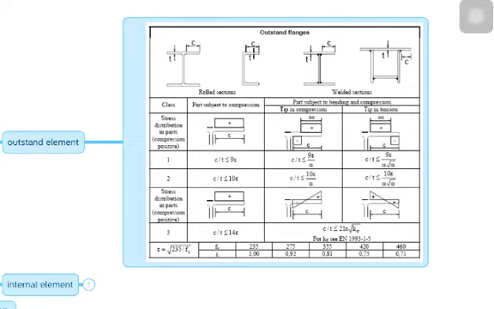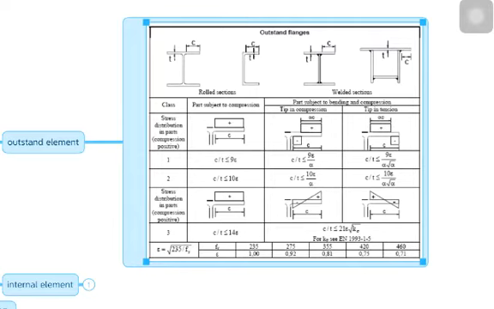You refer to table 5.2, and here the outstand element, you refer to rolled section usually, because all the UKC sections mentioned in the table of dimension properties, TDP, are all rolled sections.